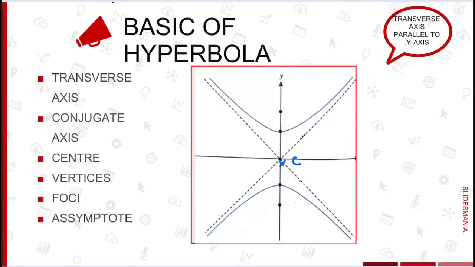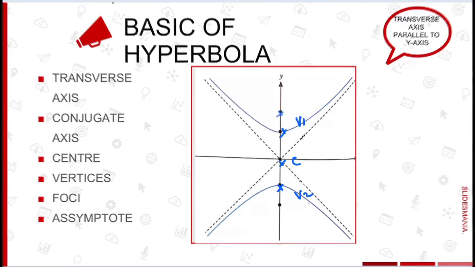In the middle here is C as your center. The points that cut through the graph are V1 and V2. Then in front of your vertices here, this is your foci. You can write them as F1 and F2.